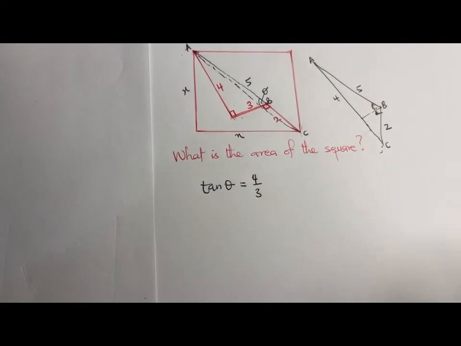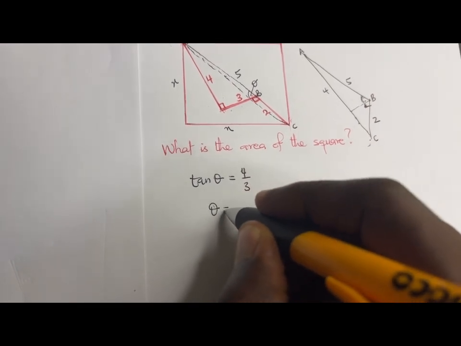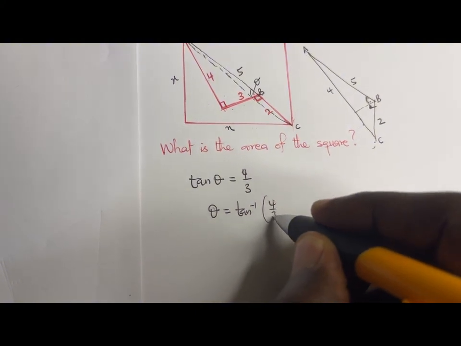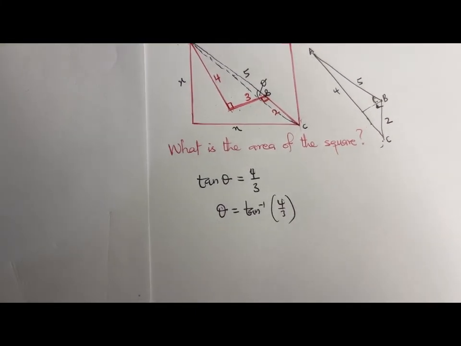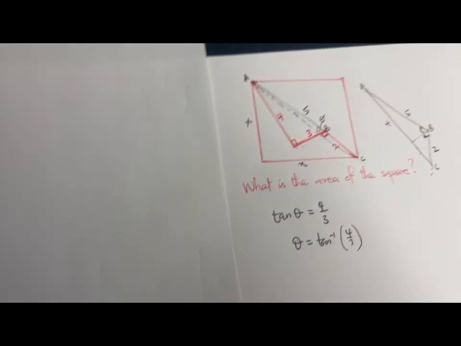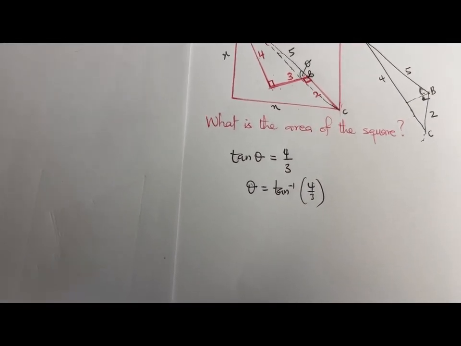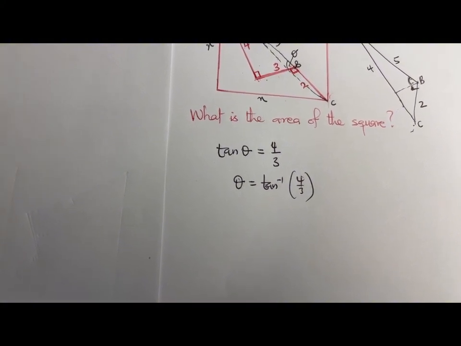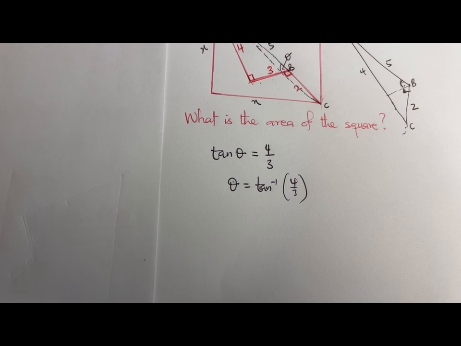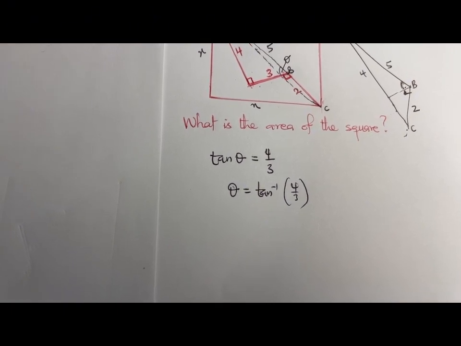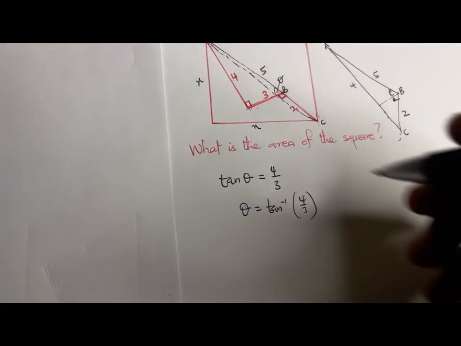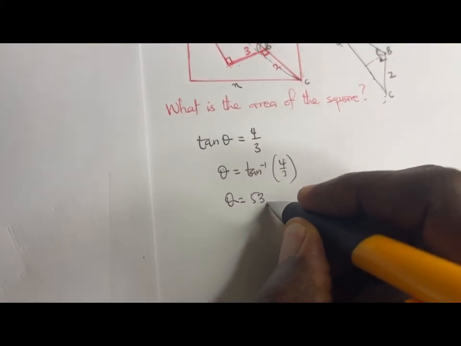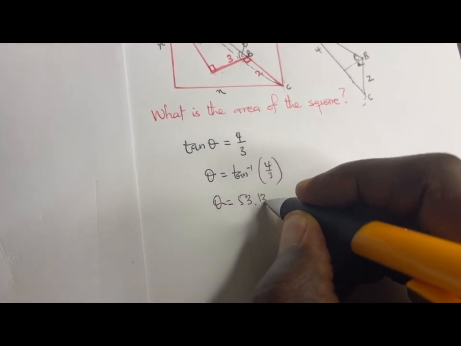So that means theta equals tan inverse of 4 on 3, which should be equal to 53.13. So that means the angle will be 53.13 degrees.